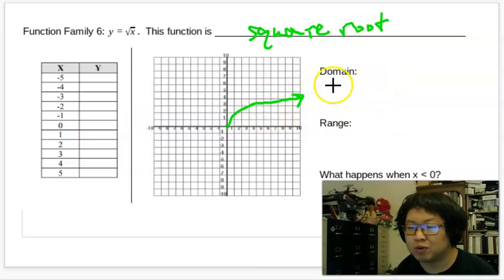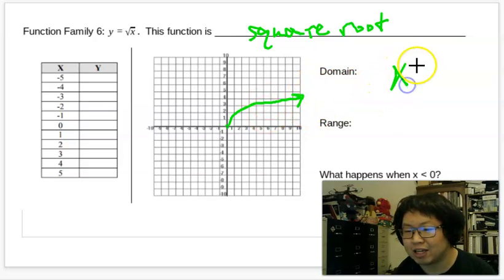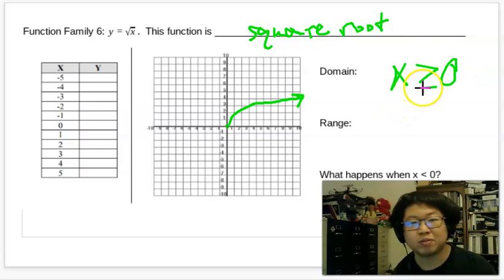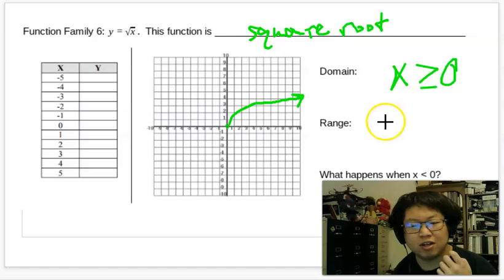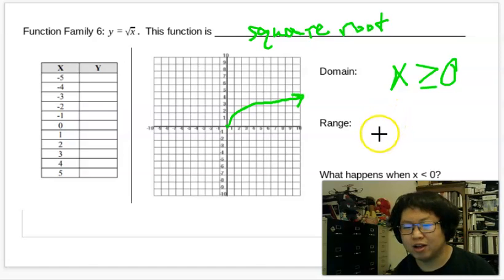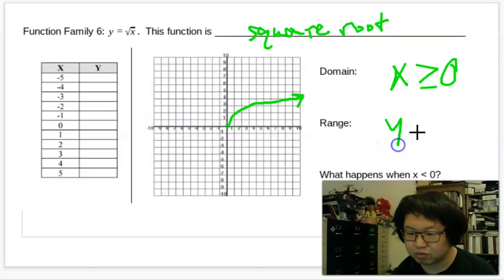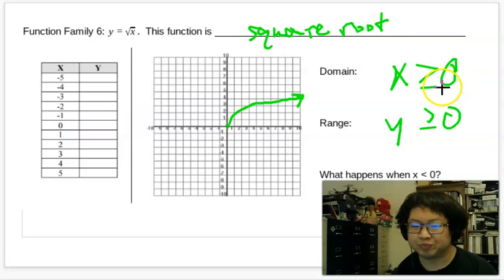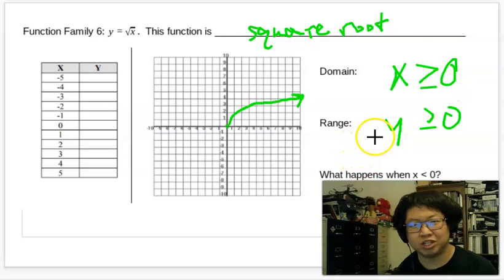Now the domain has to be x greater than or equal to 0, because you simply cannot have negative square roots. The range, however, is also limited by the same thing. As it's a function, your y has to be greater than or equal to 0. Otherwise you won't really have a function. We can talk about that in a little more detail later as well.